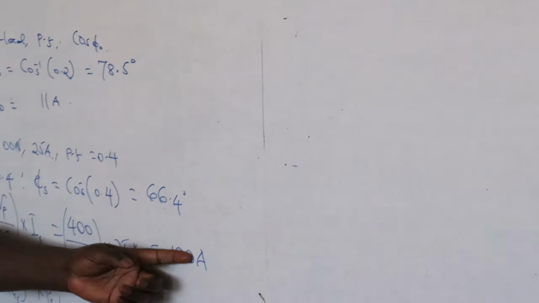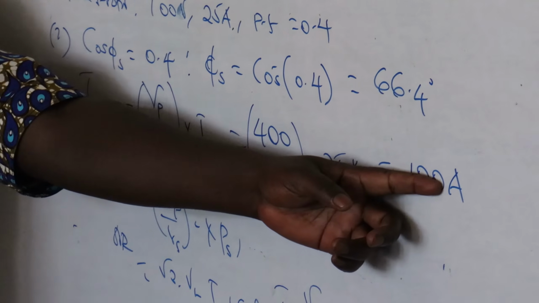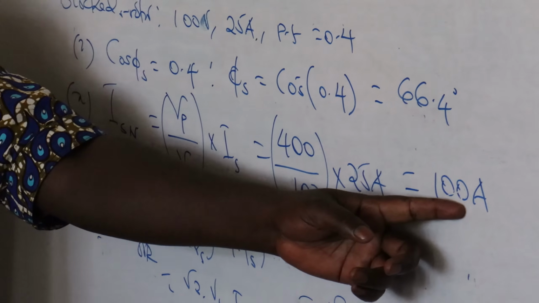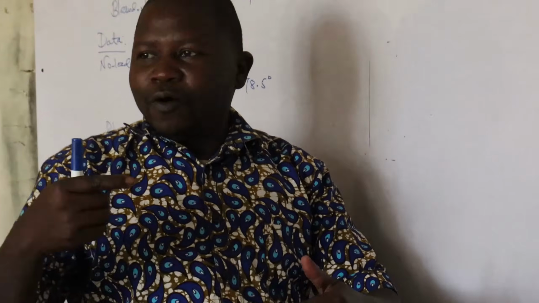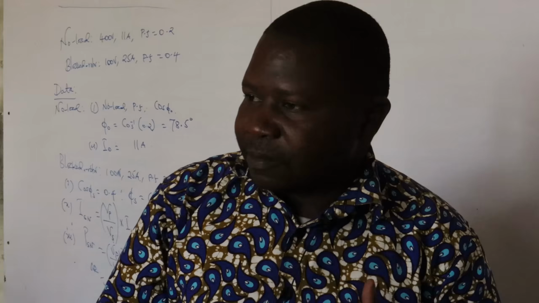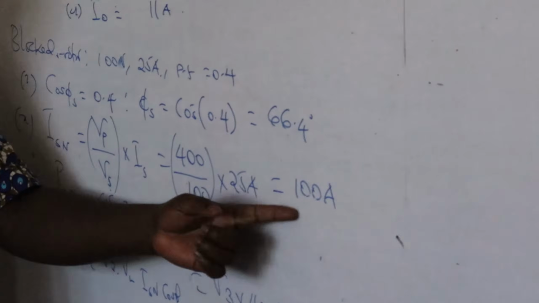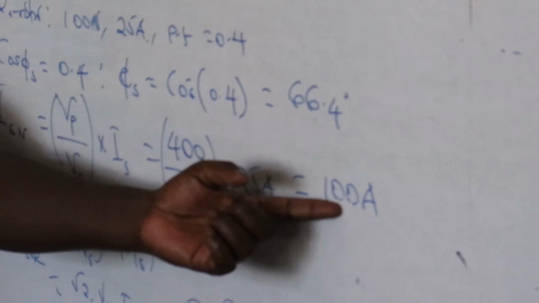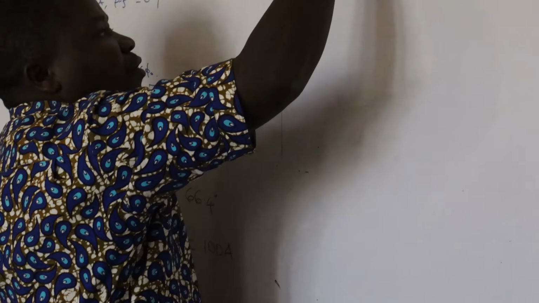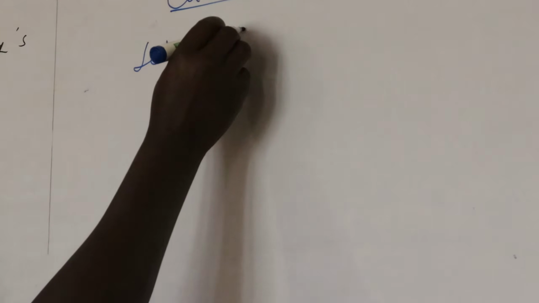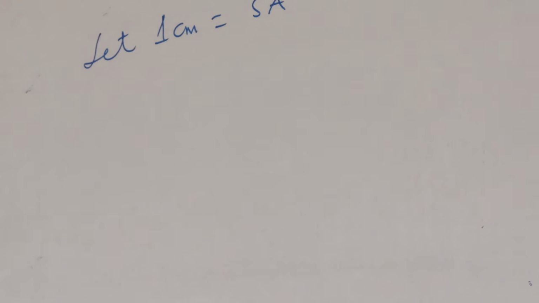The ISN should tend to 20 centimeters, so the scale should reduce ISN towards that, slightly before or slightly above. Looking at our value 100, what will reduce it to around 20 centimeters? 5. Let 1 centimeter be equal to 5 amps. I've declared a scale.